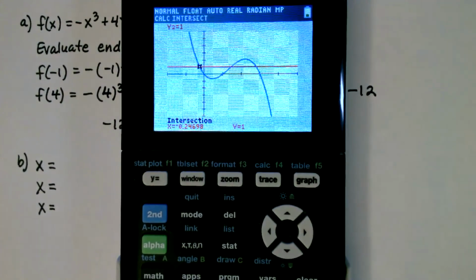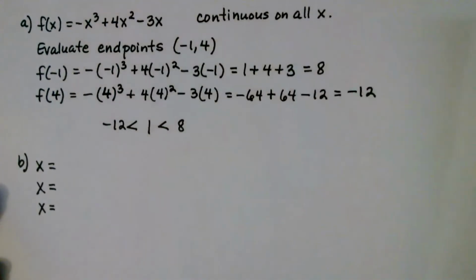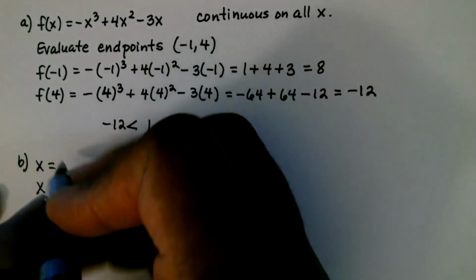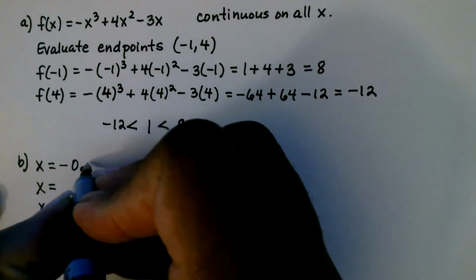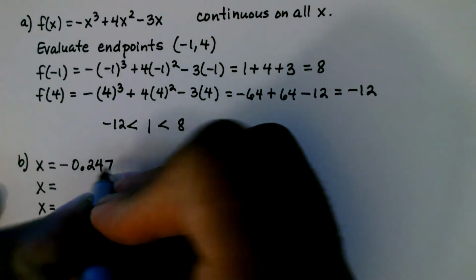And as you can see, I do have one of my points of intersection. And that's negative 0.24698. But let's say I want to round that off to 3 decimal places. That will end up being negative 0.247.